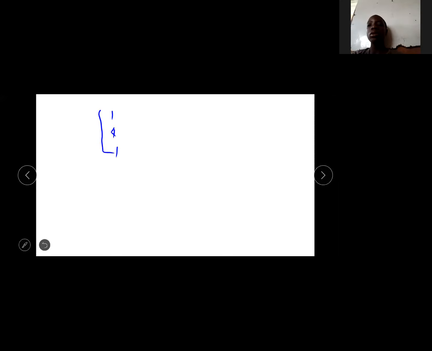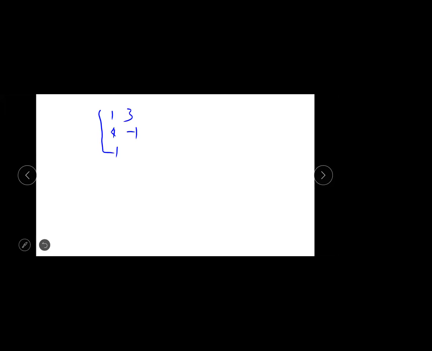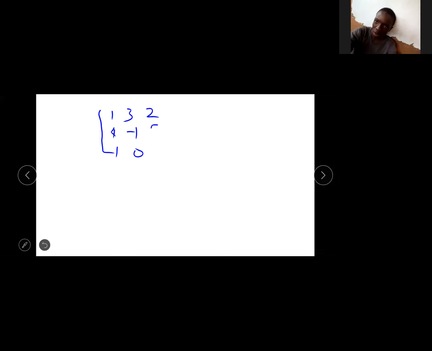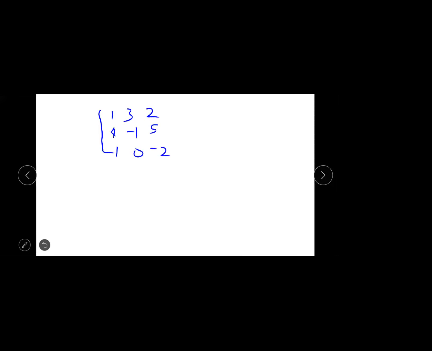Now, if you look at the matrix that we are given before, let me write them out. 1, 4, 1. Let's use Sarrus rule to solve it. 3 minus 1, 0. 2, 5 minus 2. You know, this is the end. What you now do is that you add the first 2 columns.